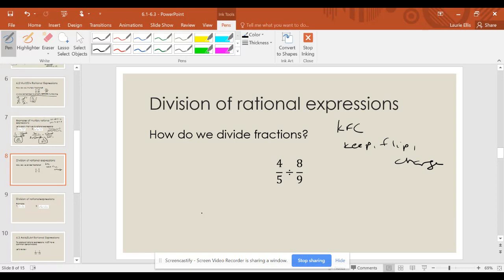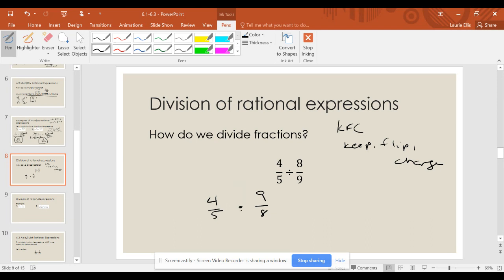They keep the first fraction, they flip the second, we're multiplying by the reciprocal, and they change the division to a multiplication. Okay, so that's the keep, flip, change. Use it if you want. Maybe you've heard of that acronym with fractions before.